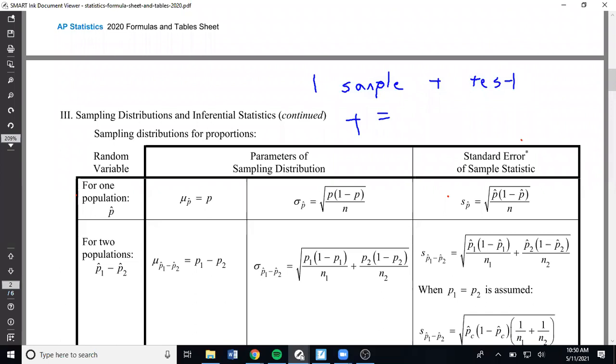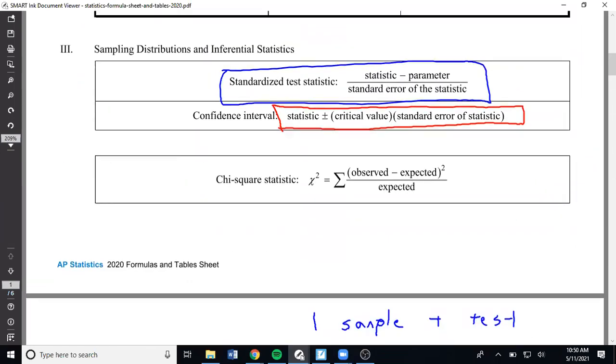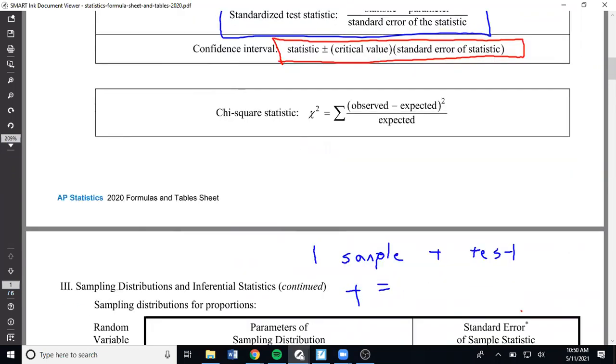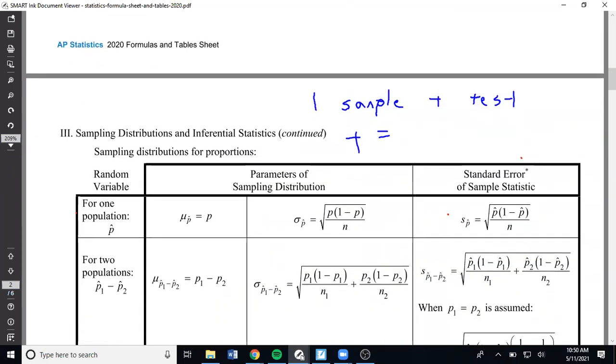So on this one, we're using t-scores, and we're using this format for the test statistic: statistic minus parameter over standard error. Since we're talking about estimating for means, our statistic would be x bar, the mean of the sample.